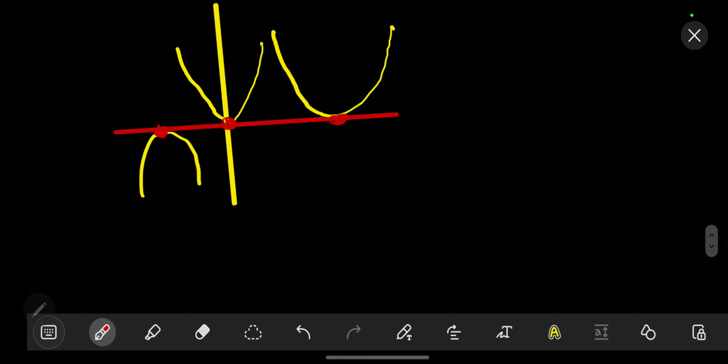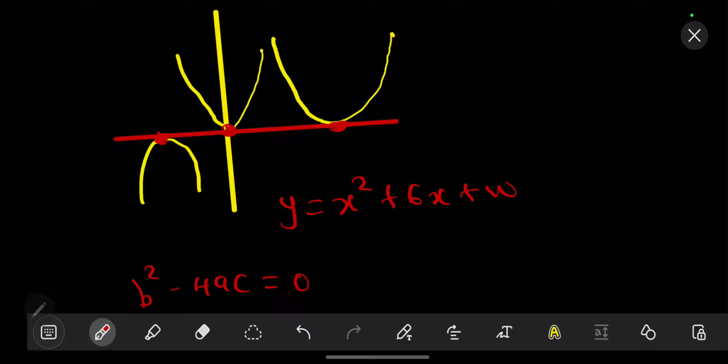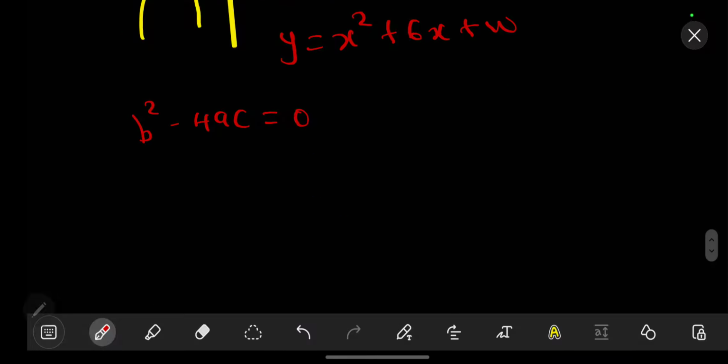Therefore, the discriminant that describes this is when we say b squared minus 4ac is equal to 0 for the equation which is saying that y should be equal to x squared plus 6x plus w. So we are going to have our b, which is equal to 6 in this case. So this is our a, b, and c. So it will be b squared minus our 4, our a is equal to 1, which is the coefficient there.